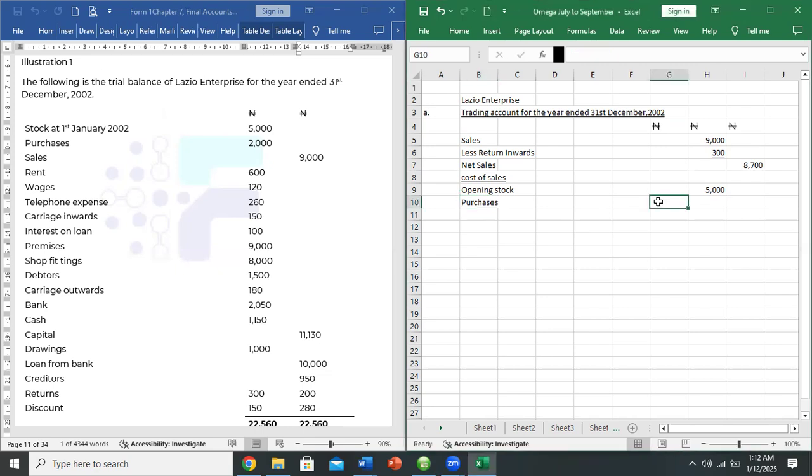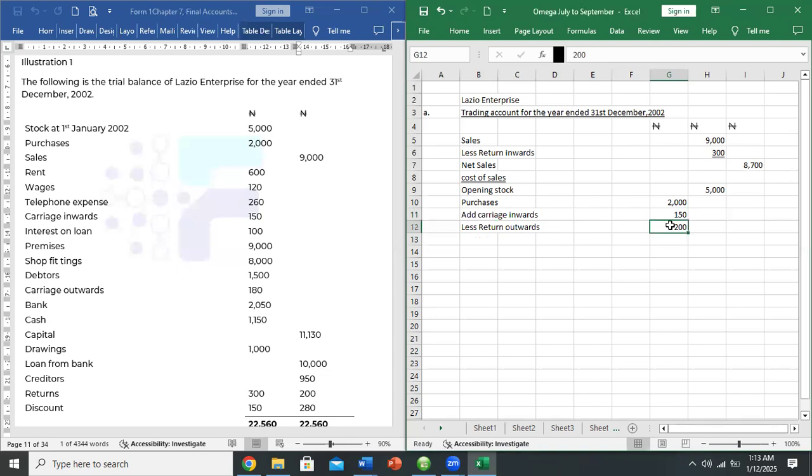So we put our purchases here, which is 2,000. So we add carriage inwards, we less return outwards. The carriage inwards figure is 150 and return outwards is 200.